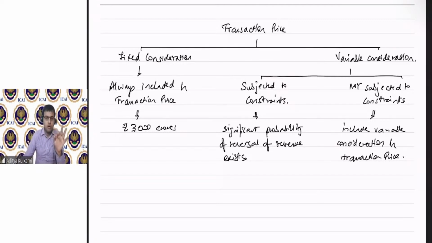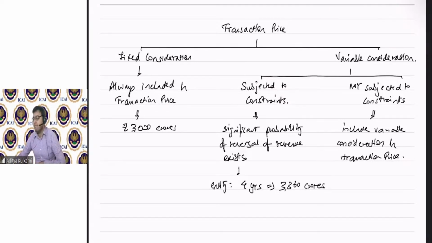If you do not rely, what are you saying? Understand this carefully. The entity says it can complete the job within 4 years. That means the entity wants to recognize a revenue of 3,360 crores.